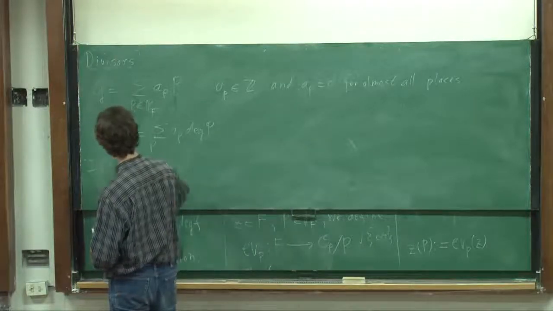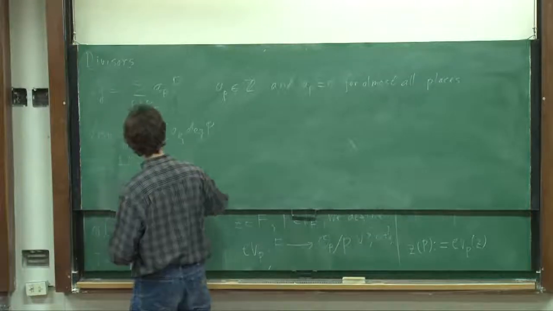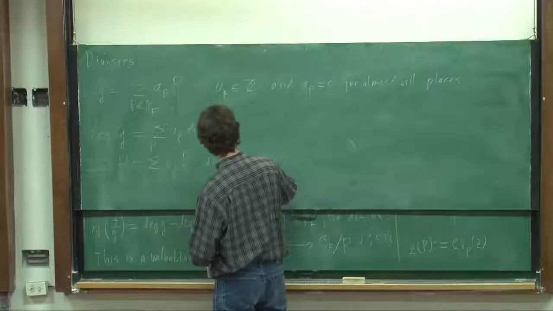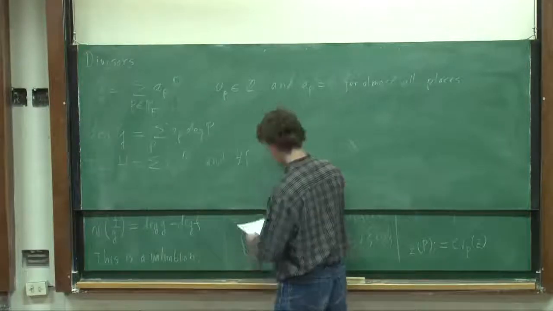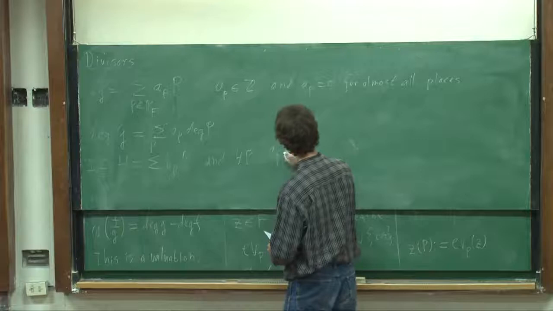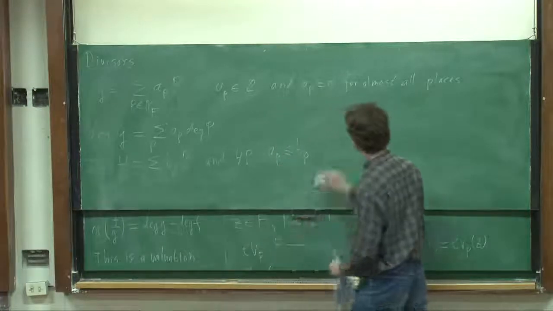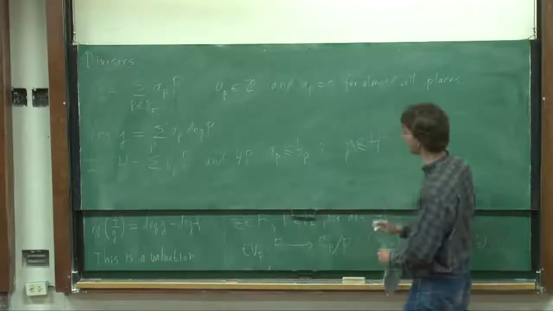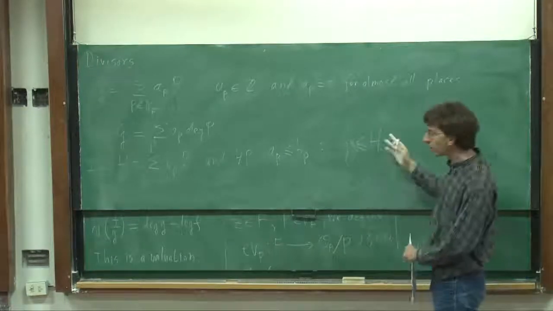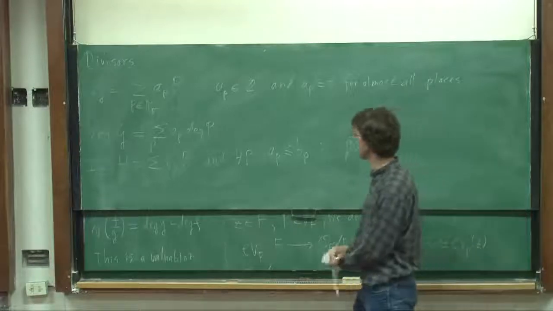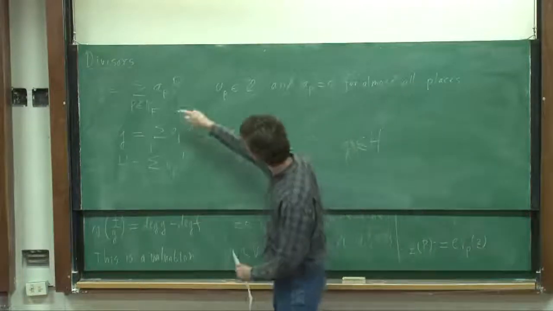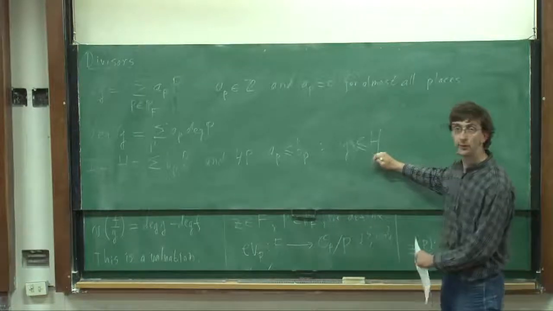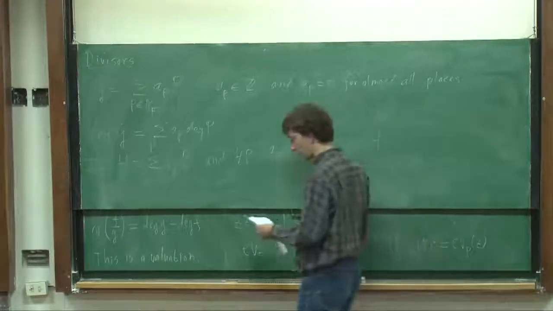So if we have the second divisor, H equals the sum of b_P times P, and if for all places a_P is less than or equal to b_P, we're going to say that G is less than or equal to H. So this is not a total ordering, a partial ordering only, which simply means that all the coefficients in G are less than or equal to the corresponding coefficients in H, at a particular place.